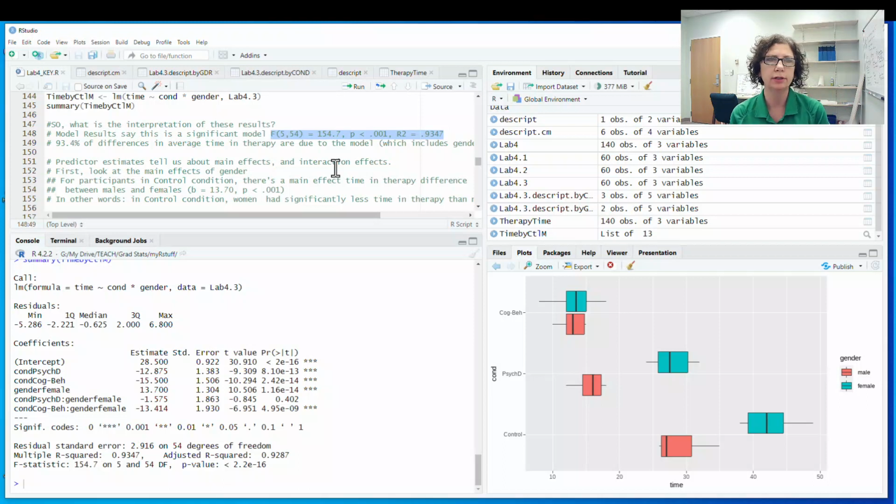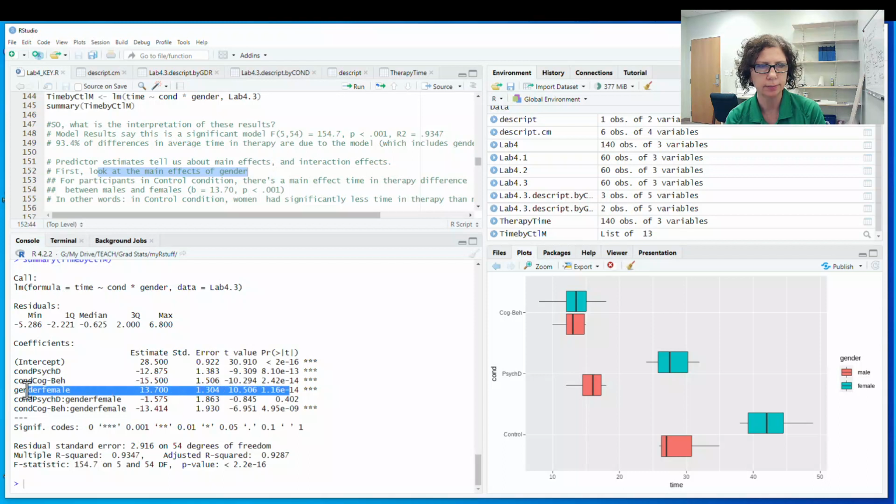Now the predictors tell us about the main effects and the interaction effects. The main effects are looking at just one predictor, not the interaction. So let's look at main effects of gender. We come here, gender female, that line right there.